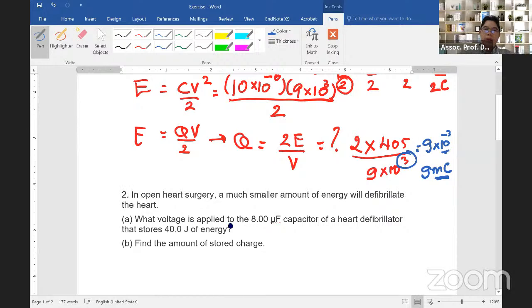What voltage is applied to the 8 microfarad capacitor of the heart defibrillator to store 40 joules of energy, and find the amount of stored charge. Pretty easy. So you have the capacitance, and then you have E, and you need to find V.